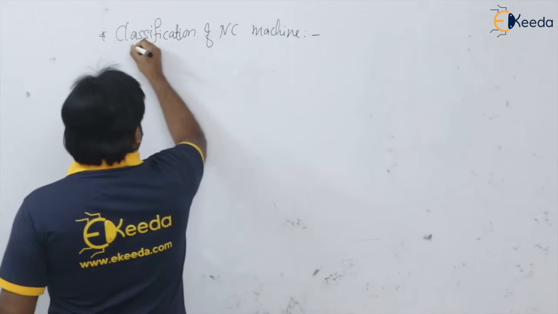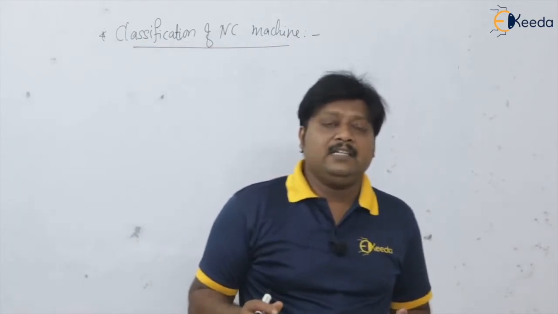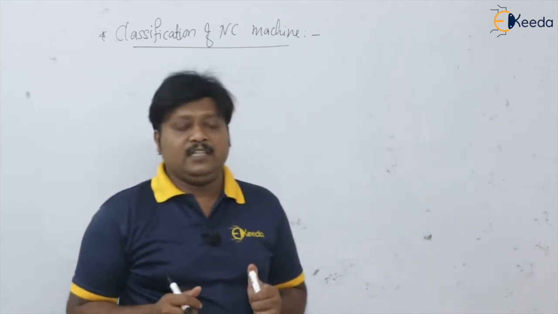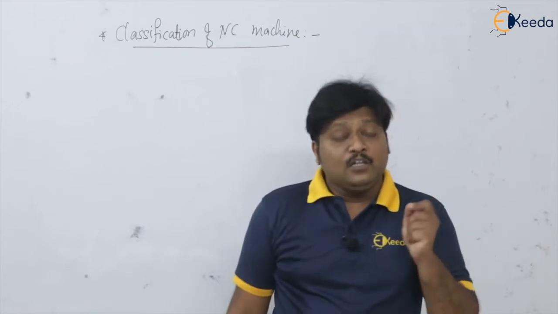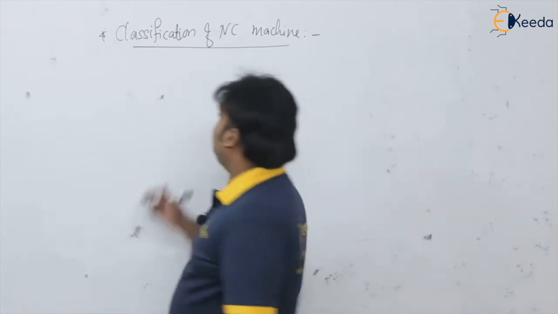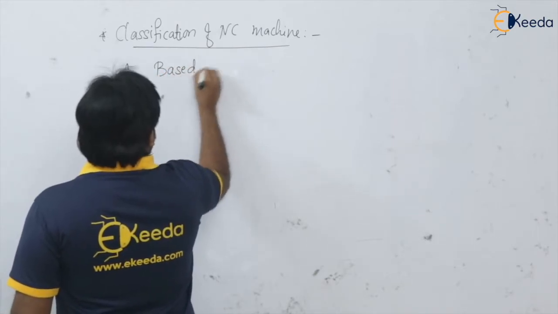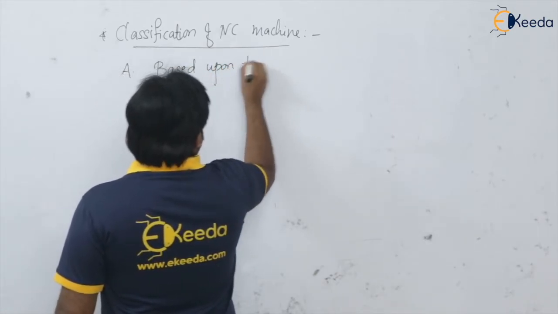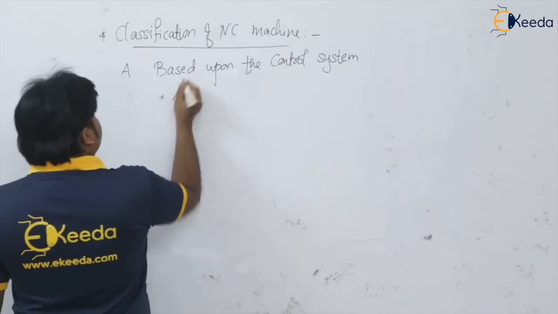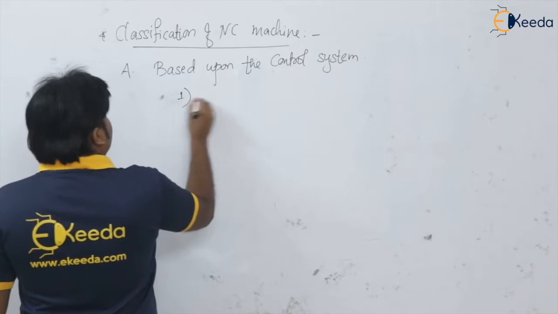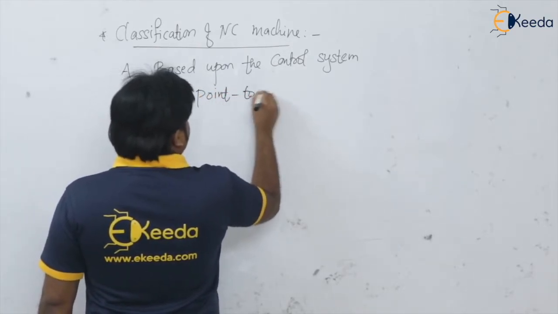So see here, basically these NC machine tools get classified based on three criteria. One is the control system. Based on the control system, we have number one, point to point control system.